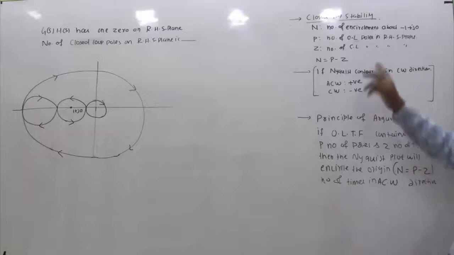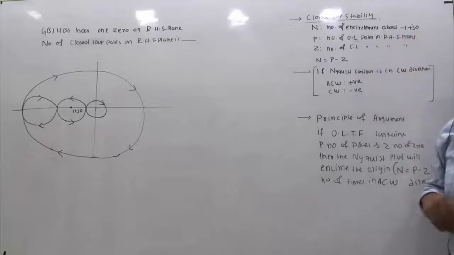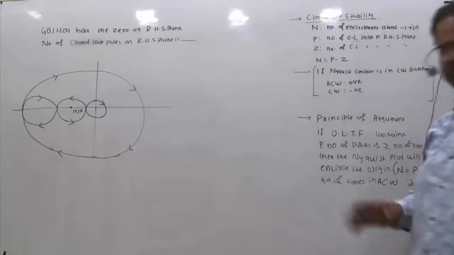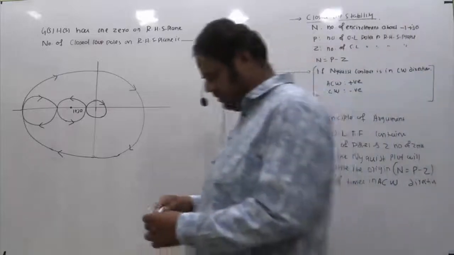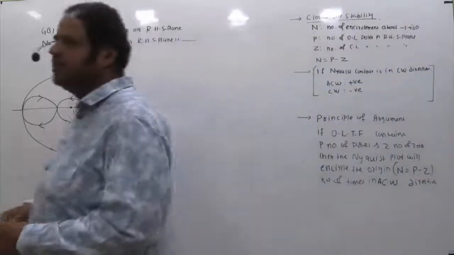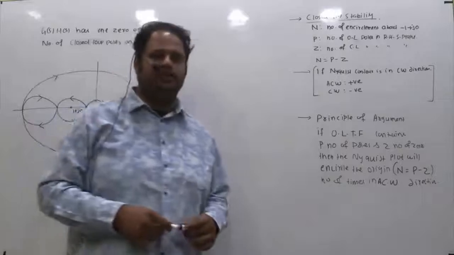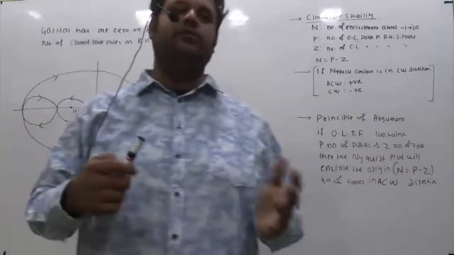What is this N? N is the number of encirclements about minus 1 plus j0. Usually while dealing with Nyquist stability, we select a Nyquist contour, that is the entire right half of the S-plane.